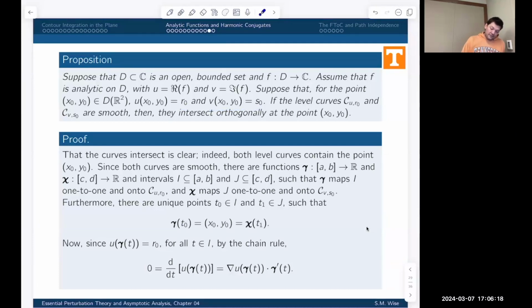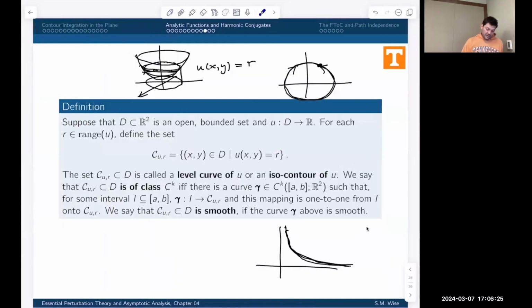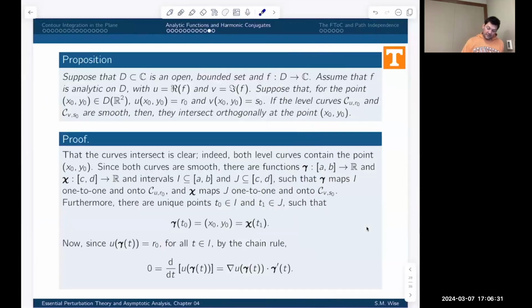If the level curves C_U r naught and C_V s naught are smooth, so these are the level curves generated according to this prescription, there are two level curves now involved here. There's one associated to V and one associated to U. So this would be C_U r naught, and this one would be C_V s naught.